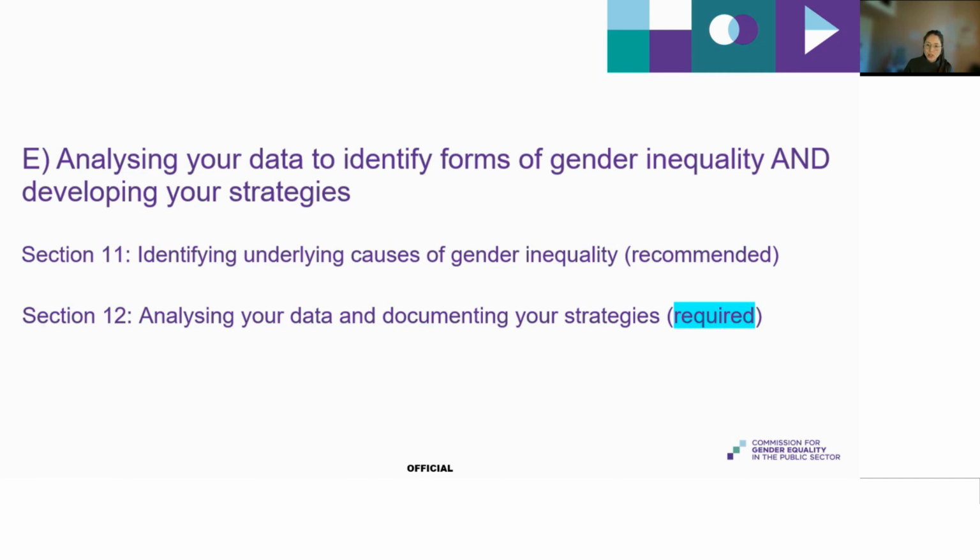This is because your audit data reveals quantitative issues, and then further research helps you to understand what drives those issues. Doing both, data analysis and further research, allows you to better understand the gender inequality issues at your organisation. This section also helps you show how your strategies respond to the problems you've identified.